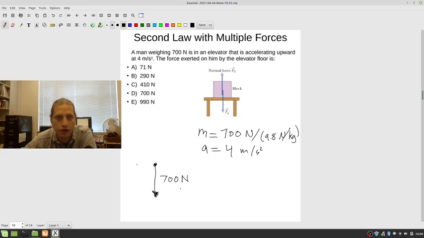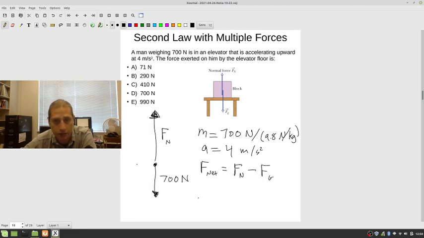The force exerted on him by the elevator floor is, okay, he's being pushed down by gravity and pushed up by the elevator. Since he's accelerating upward, we know that the normal force, the force from the floor on his feet, has to be bigger than 700. How much bigger? Well, F net equals the normal force pushing up minus the force of gravity going down.